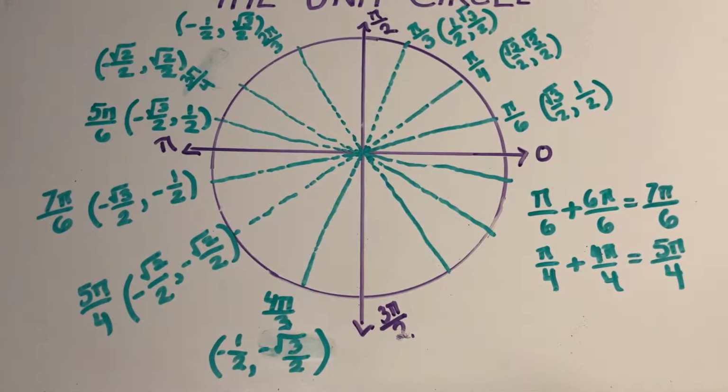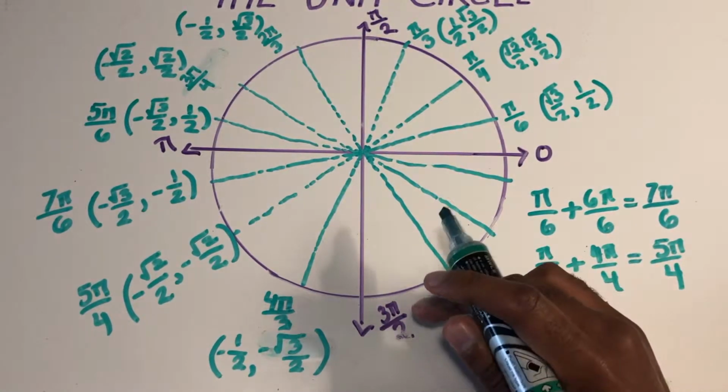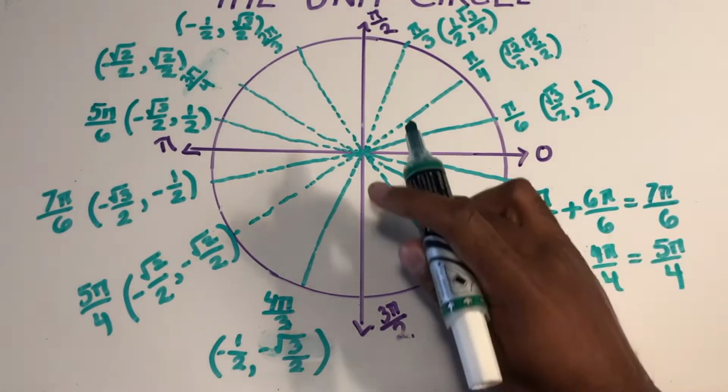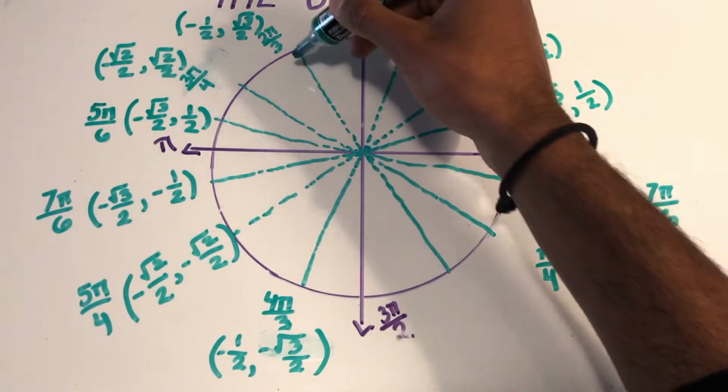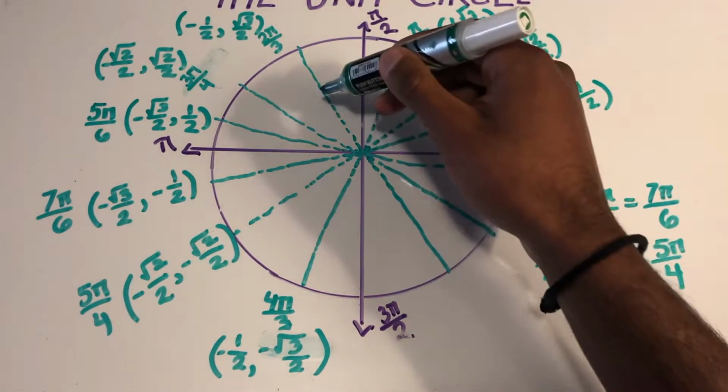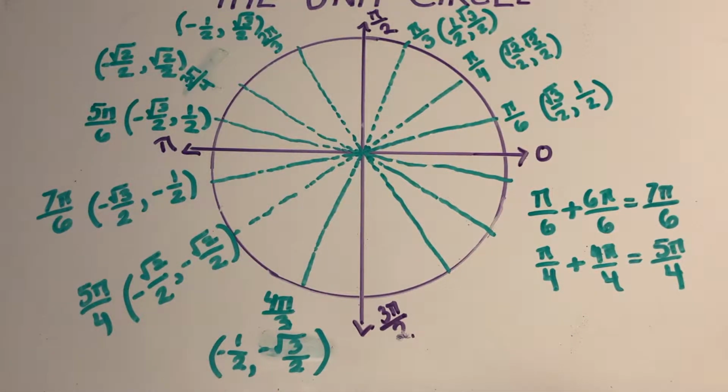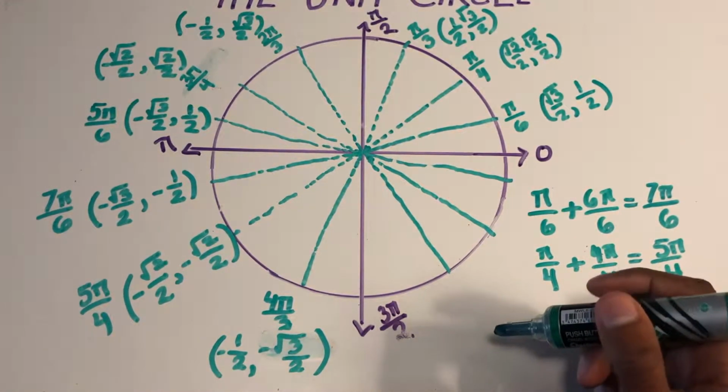Let's not forget those. Now we have our 3 pi over 2 as our negative y-axis, excuse me. Here we have 2 pi over 3. If we add a pi, so 2 pi over 3 plus 3 pi over 3, this is going to give us 5 pi over 3.